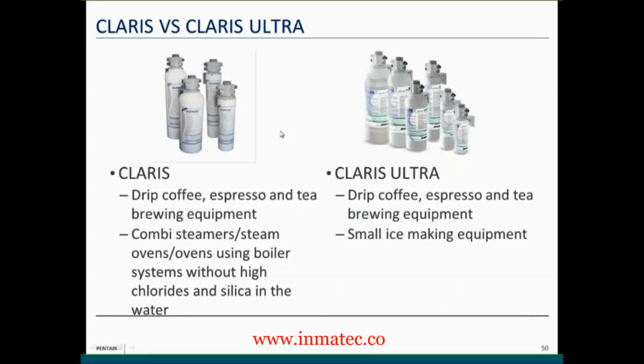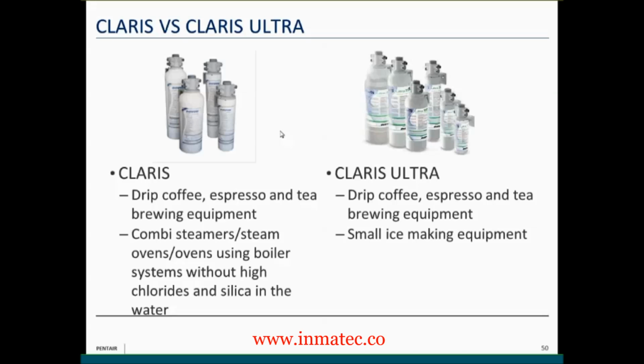Claris versus Claris Ultra. Claris should be used on drip, coffee, espresso, and tea brewing equipment, paying mind to corrosion factors. Combi steamers and ovens using boiler systems without high chlorides and silica in the water. Also can be used on direct spritz, but you absolutely must make sure that you have chlorides within the manufacturer's spec before you do.